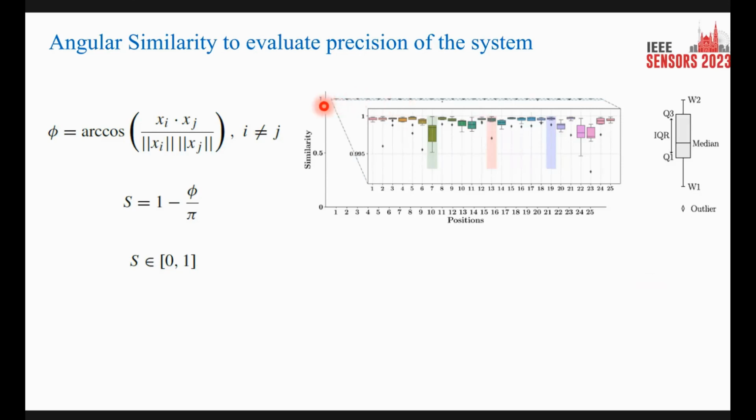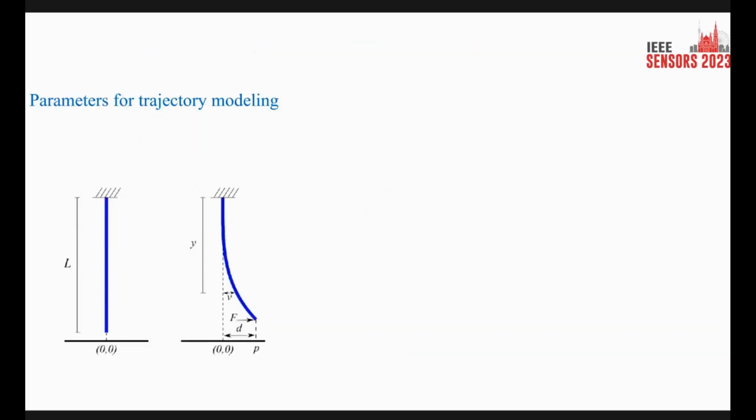So when we have similarity close to 1, which is where we are seated, the system has high precision. Just to zoom in on these 3, here is how it looks. But again, we can see that we are very close to 1. So it was a good result.